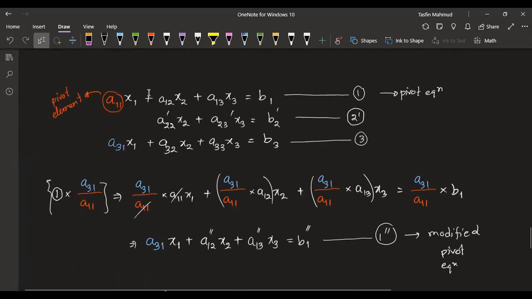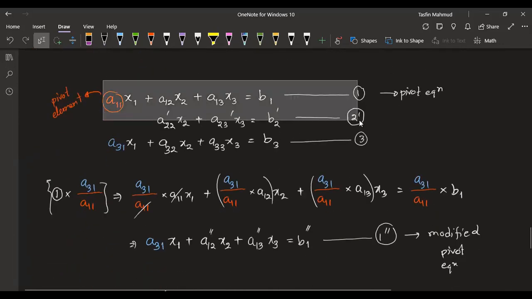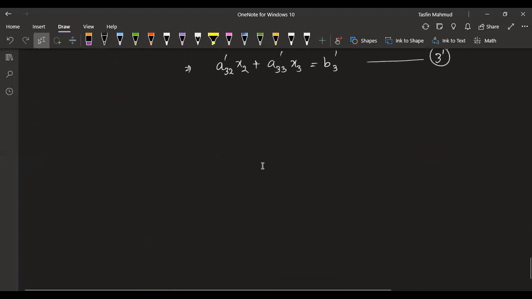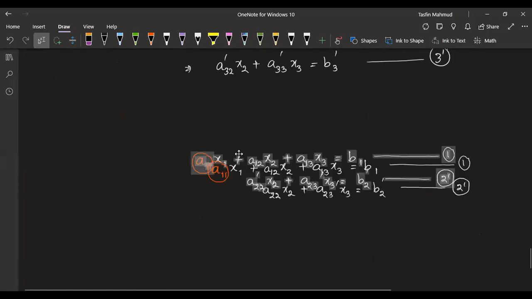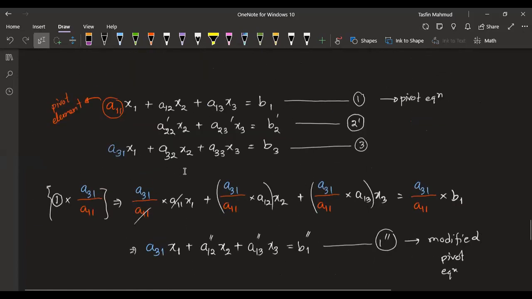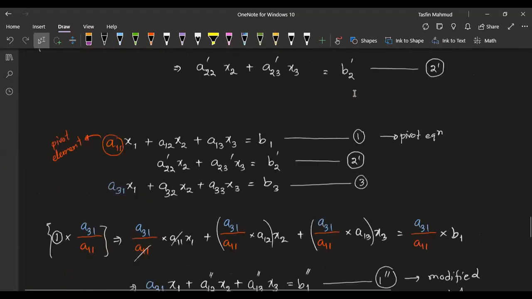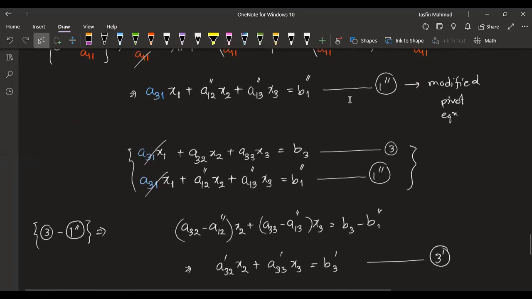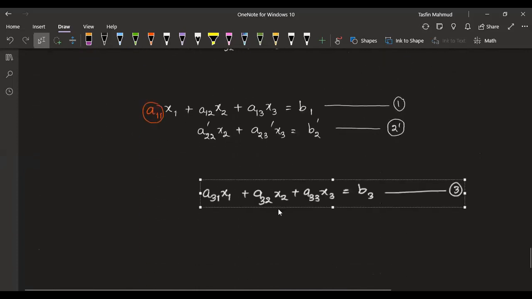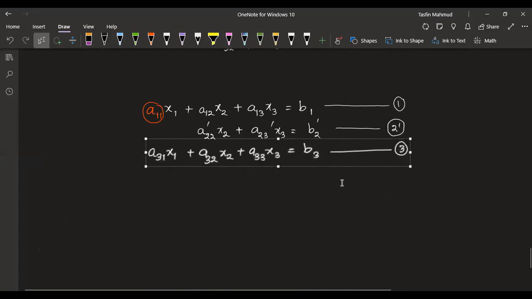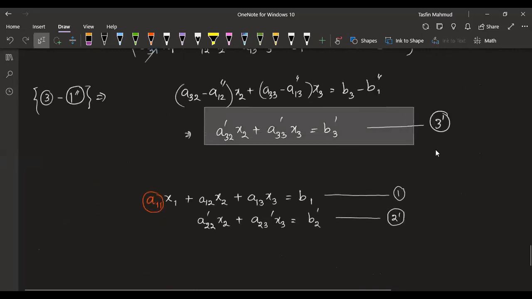We are going to take the first two equations, and the third equation was this. It was the third equation, but we are not going to consider this third equation. Instead of this, we are going to consider the 3 prime equation. Okay, so I'm deleting this. We are going to consider this 3 prime.